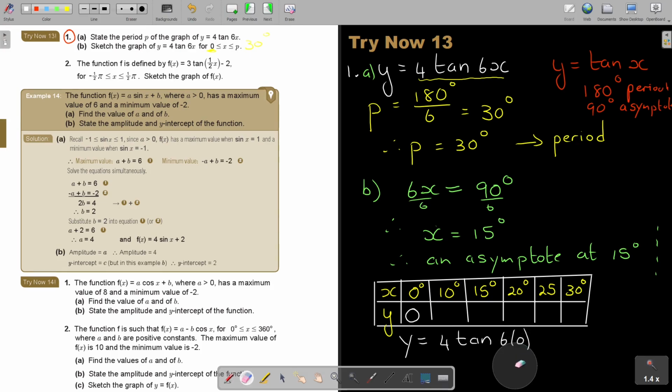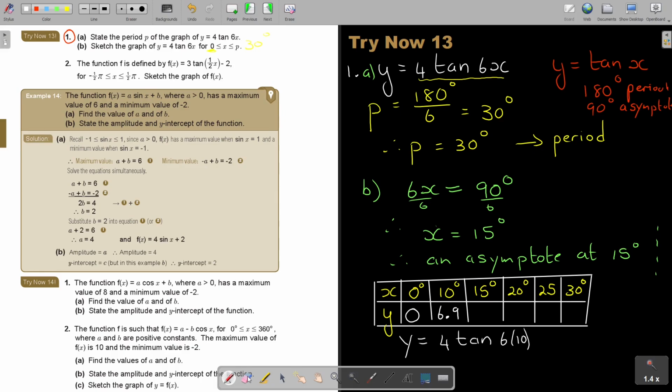For the next one, I'm going to put 10. So 6 times 10 is 60. So it's 4 multiply tan 60 equals, and that will give me an answer of 6.9.